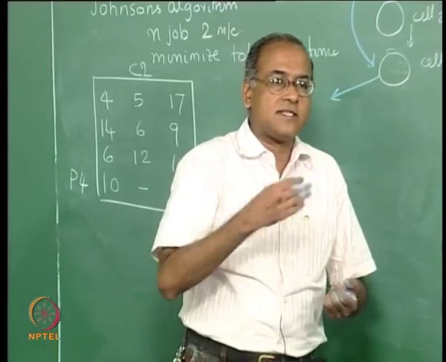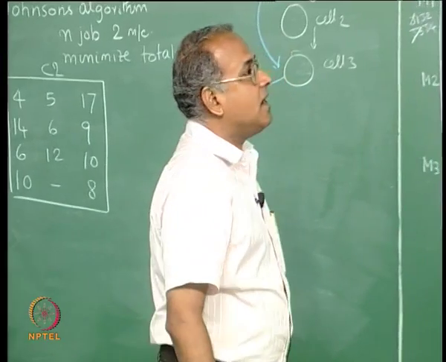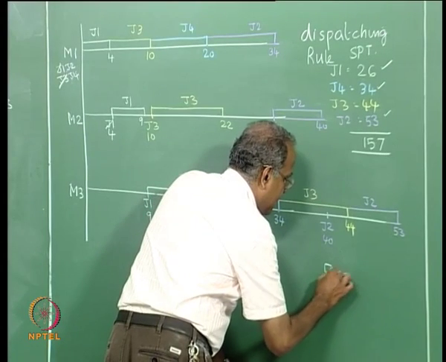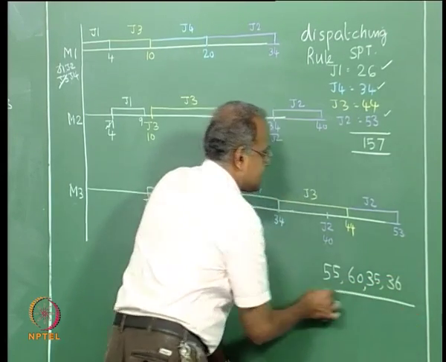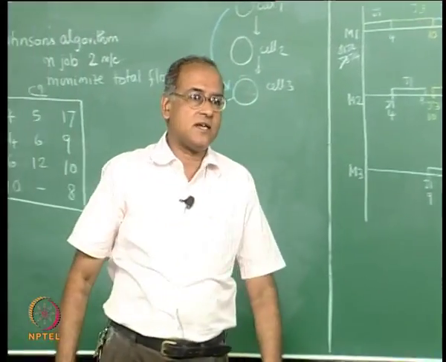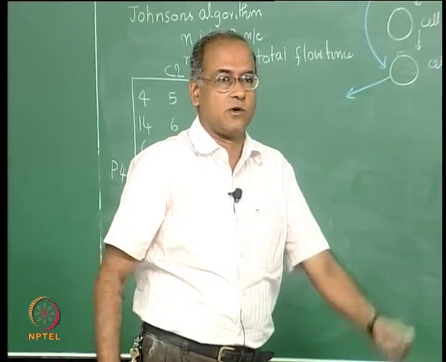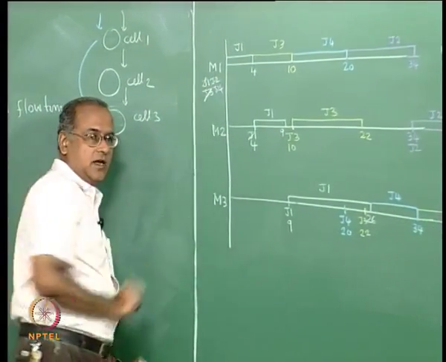So, we have used the dispatching rule SPT to get this Gantt chart. We could use other dispatching rules to get different Gantt charts. For example, if the 4 jobs have due dates which are 55, 60, 35 and 36, and instead of using the shortest processing time rule, we used what is called the earliest due date rule, which means right in the beginning all the 4 jobs were available on M1.